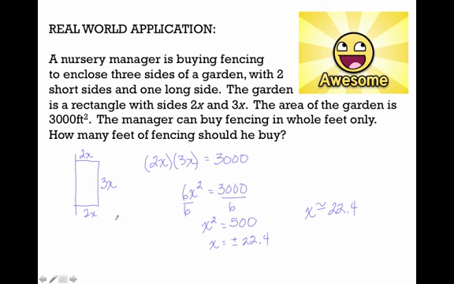Well, to find out how much fencing I need, I need to find out how long this fence is. Well, this fence is 2x plus 3x plus another 2x, so I've got 7x units of fencing, and each time I've got an x, I know that's approximately 22.4 feet, so I'm going to multiply 7 times 22.4, and remember we're still approximating because we're rounding.